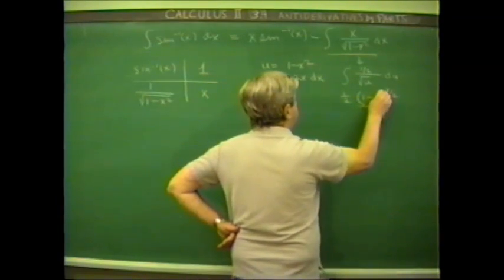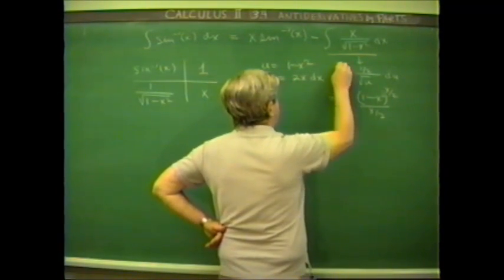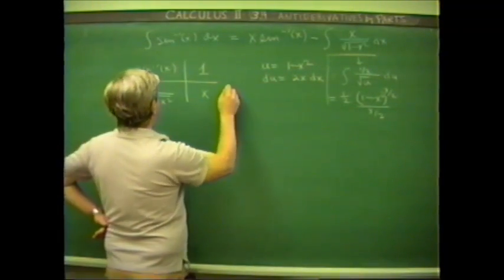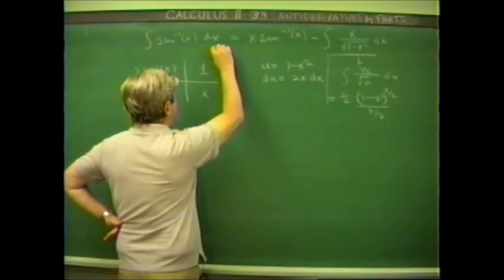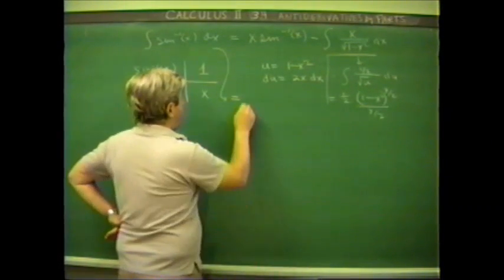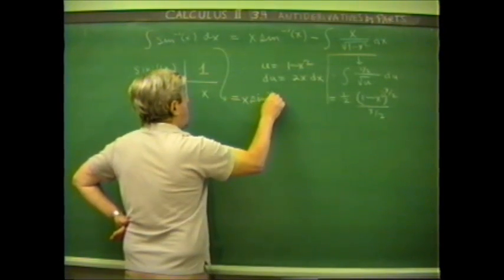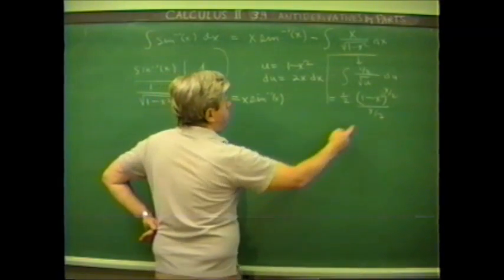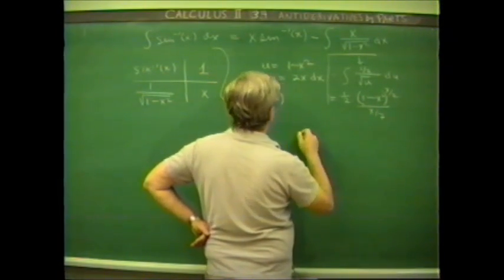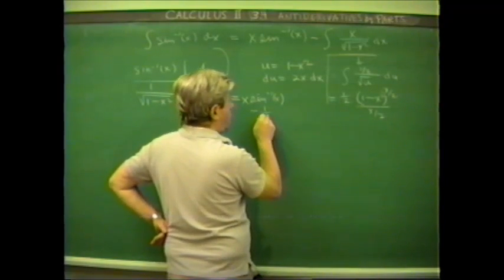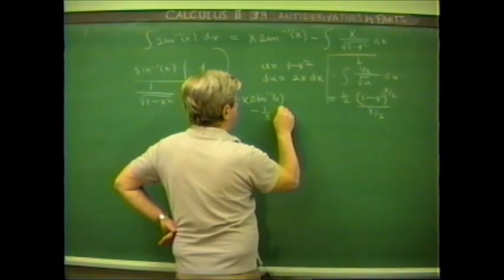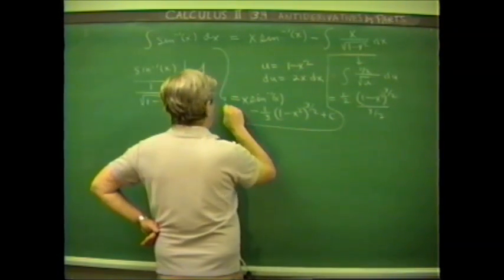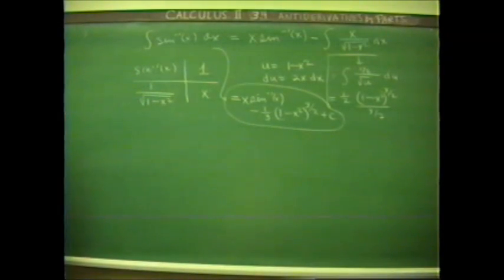And now u was 1 minus x squared. So this part right here is this, and so the total antiderivative of sine inverse is going to be equal to x sine inverse of x, 2/3 up here, so minus 1/3 on the minus side, 1 minus x squared to the 3 halves plus any constant. So there it is right there, the antiderivative of the sine inverse.